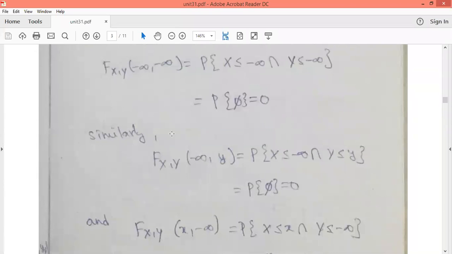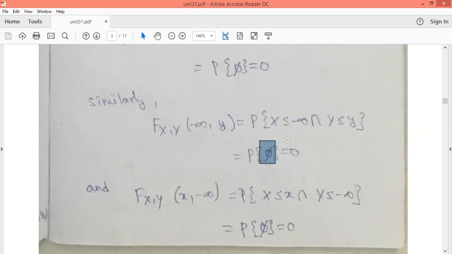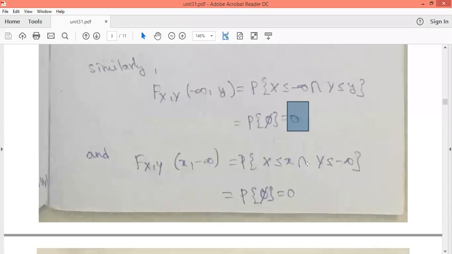Now we have taken x equal to -∞. If you take x value less than or equal to -∞, what happens? This gives us a null set. So this is the null set intersection Y ≤ y. You know that the null set intersection with any set will be the null set only. So what is the result? We get the null set. So the probability of the null set will be equal to 0.